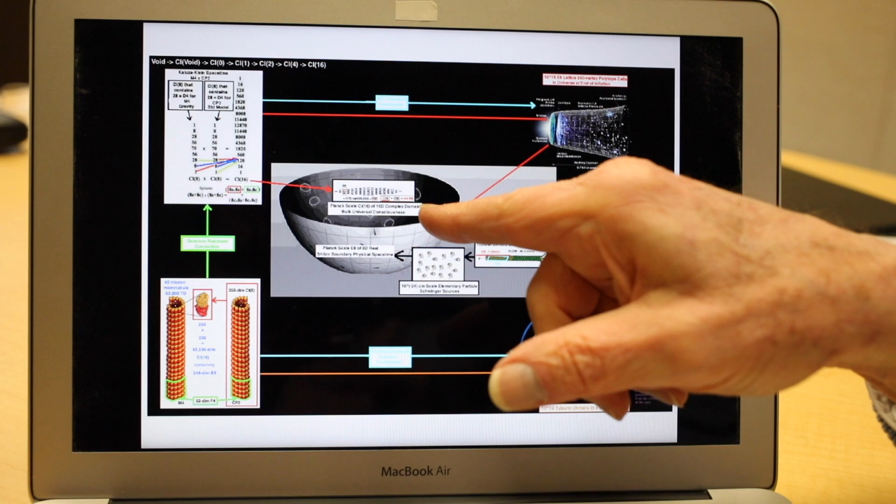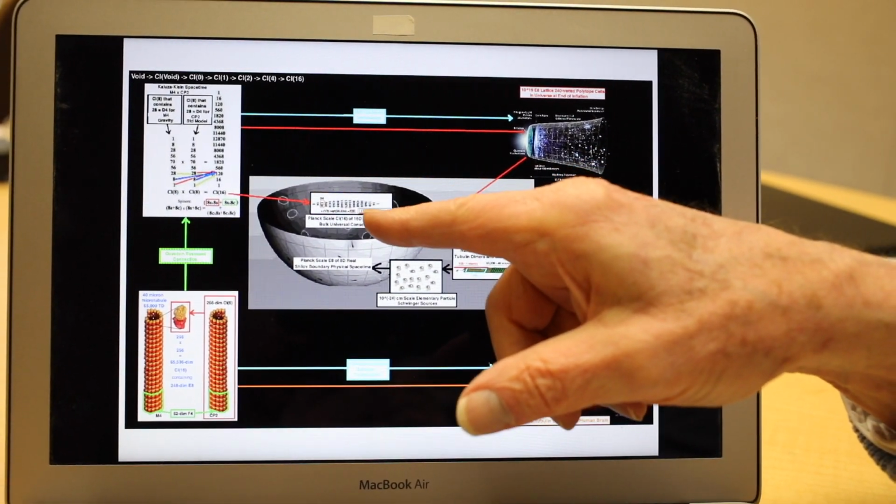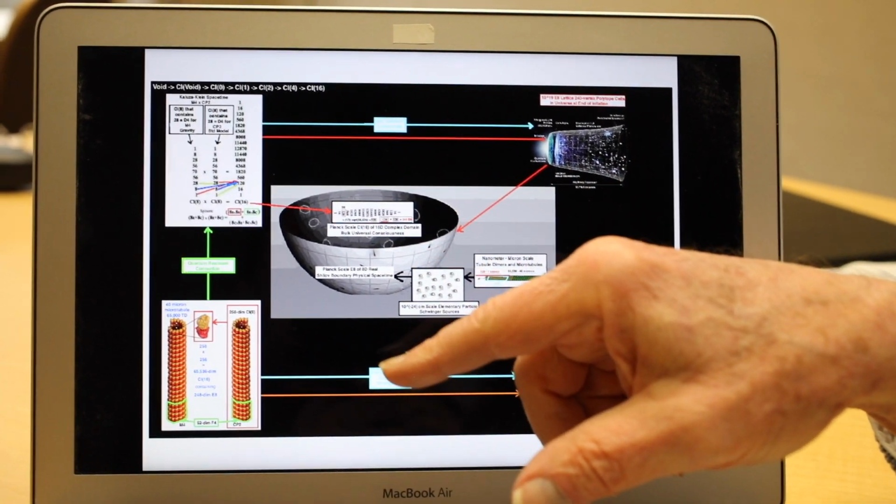But the bulk inside the Lie sphere is the Lie ball, which is the bulk complex thing where the complex numbers become effective.